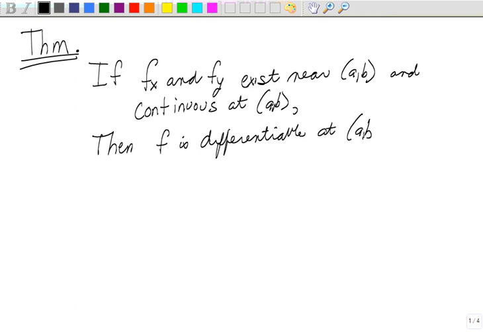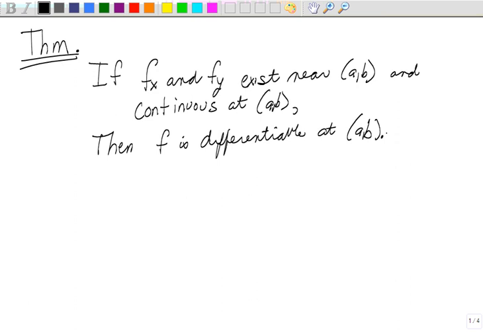And you really should take a look at the proof of that theorem, again, that's in your text. Actually, it's in the appendix, but that's a proof that you should look at. So that's a way to show that your function is differentiable.